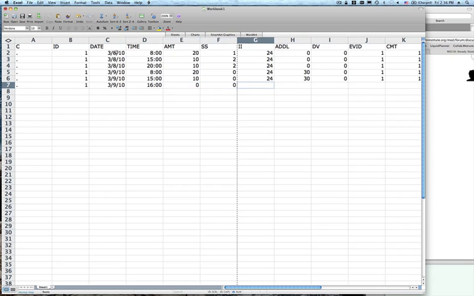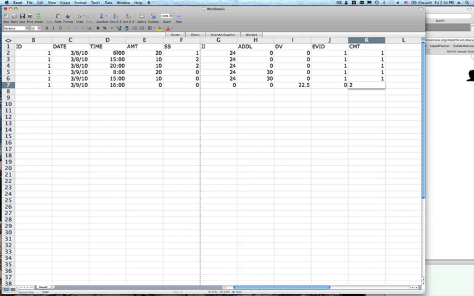Either one works here. Okay, 0, 0, and now there's some number here, whatever the concentration was, 22.5. And that's an event ID 0 and a compartment 2, because this is obviously a central compartment. Compartment 1 is the dosing compartment, the depot.